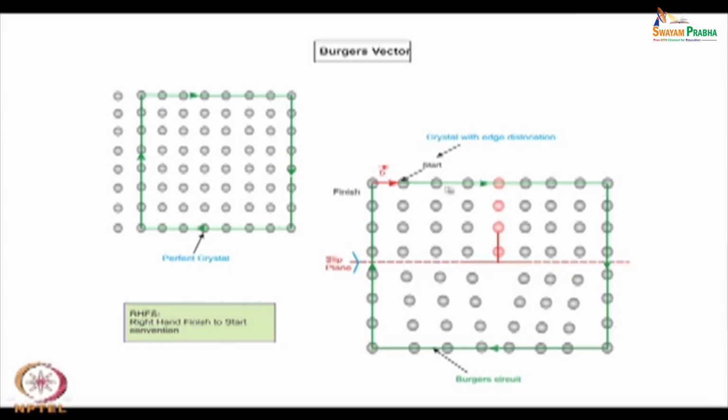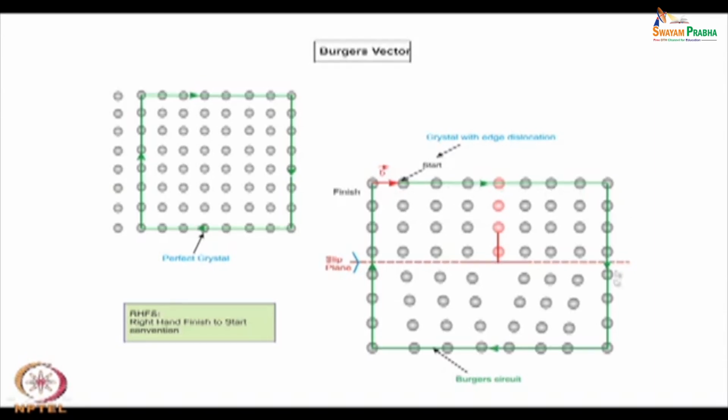If you go 1, 2, 3, 4, 5, 6, 7 and then you come to 7 on this side, but it has to cross the dislocation slip plane, you come down the slip plane and then again go in this direction the same number of distances, and finally we will see that it has ended up here. So, you draw what is called the Burgers circuit around the dislocation point, or the dislocation line in fact.